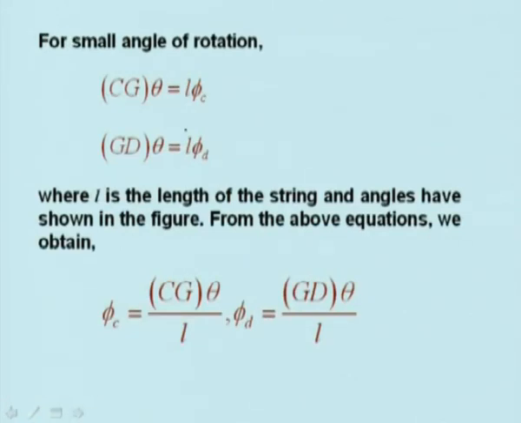For a small angle of rotation, we can always write CG times theta is equal to L phi C, where phi C is the angular displacement, and GD times theta is equal to L phi D, where L is the length of the string.